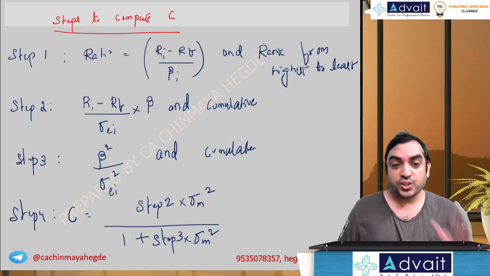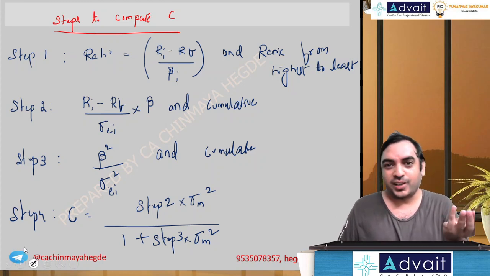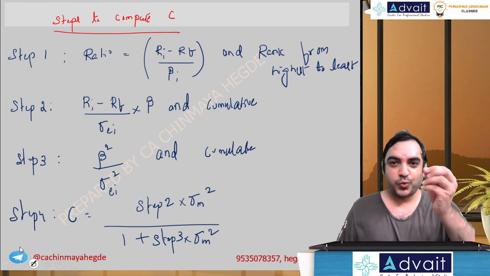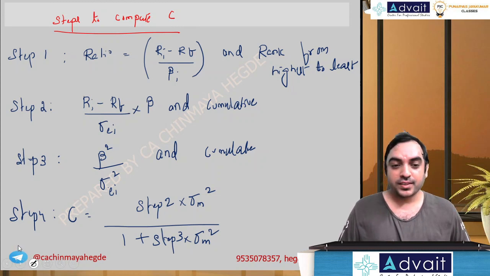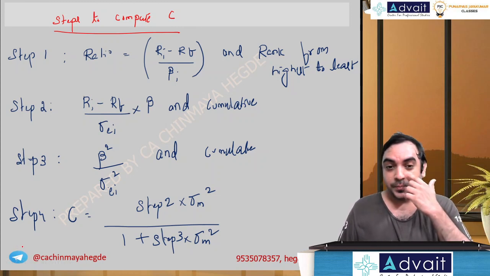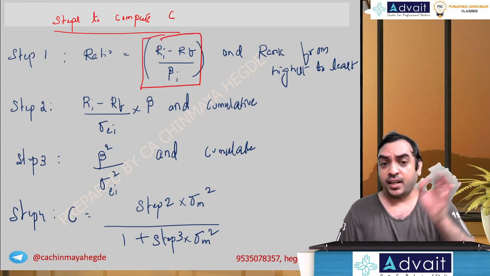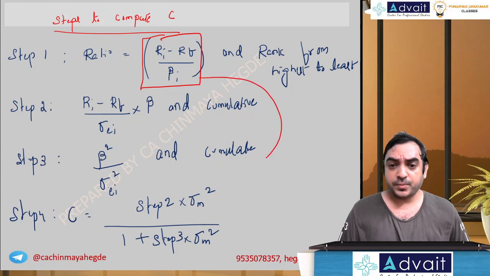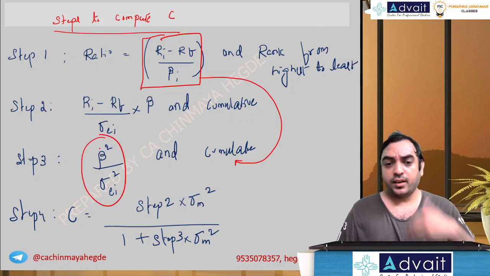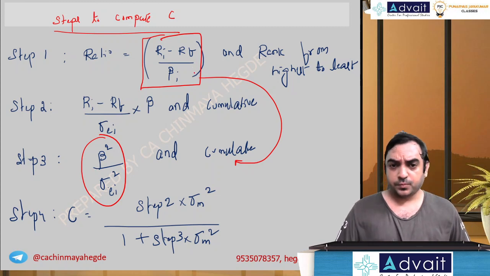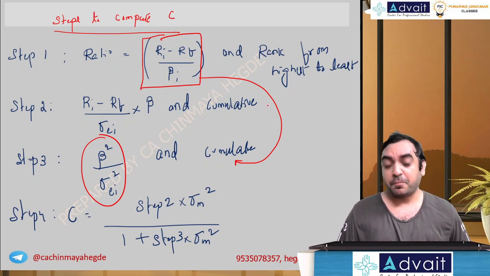So let's go further. One small shortcut you can say in this whole circus, one small helpful tool mathematically. Please observe. Here we got Ri minus Rf divided by beta in step 1, and in step 3 I've got beta square by sigma ei square. If I multiply these two, what will happen mathematically? Ri minus Rf divided by beta, multiplied by beta square divided by sigma e square.